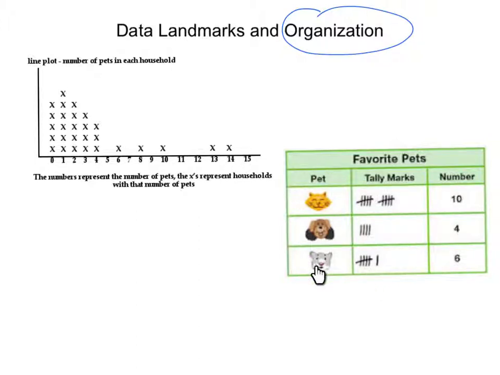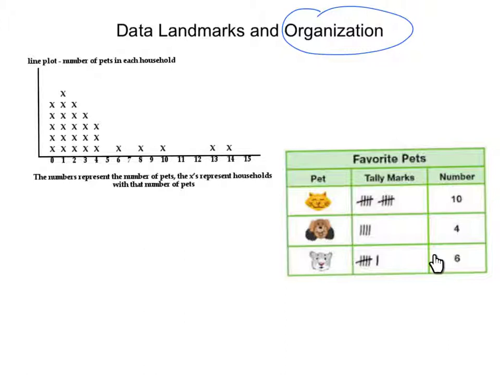So here it's favorite pets. The tally marks for each amount, and the number that represents the tally marks. Both give you a table to look at and analyze the data. It's very clear to see where the minimums and the maximums are. It's up to you which type of organization is best for your data.